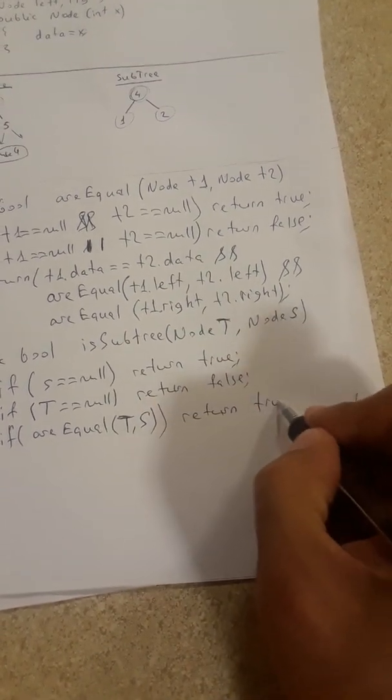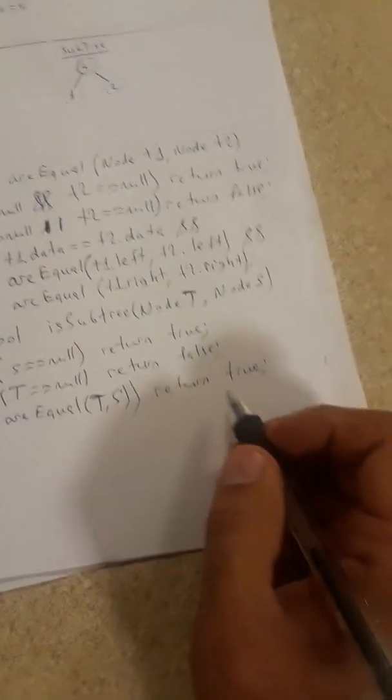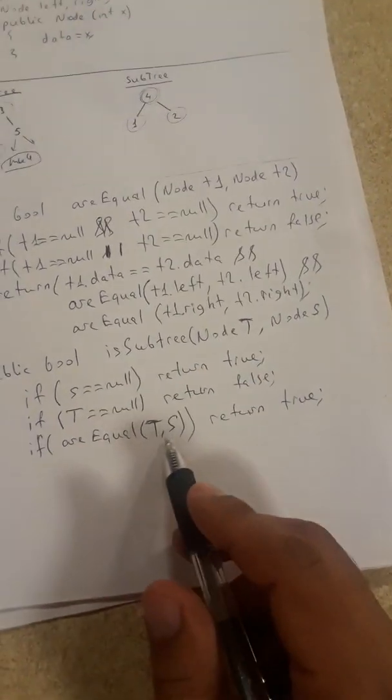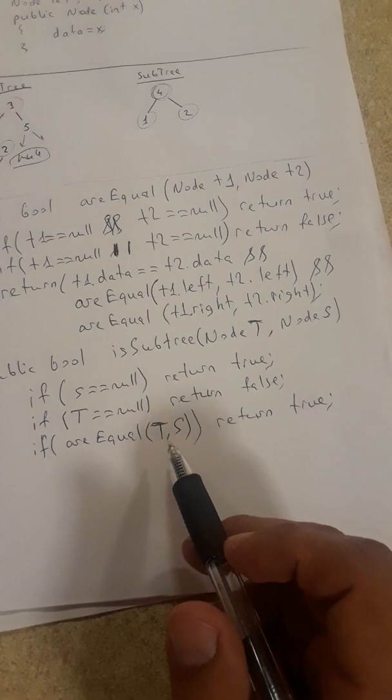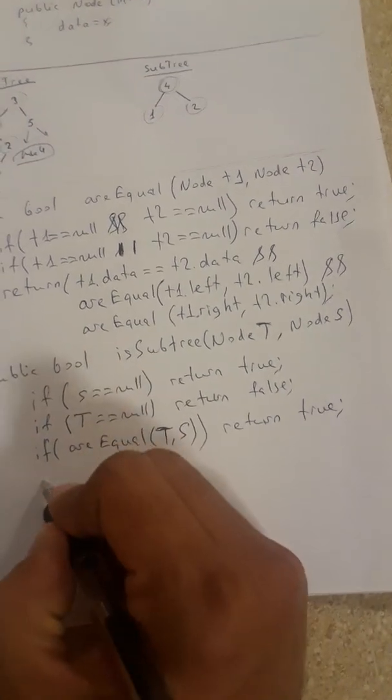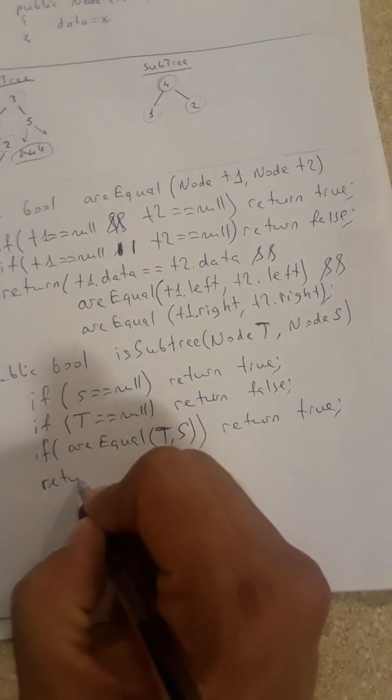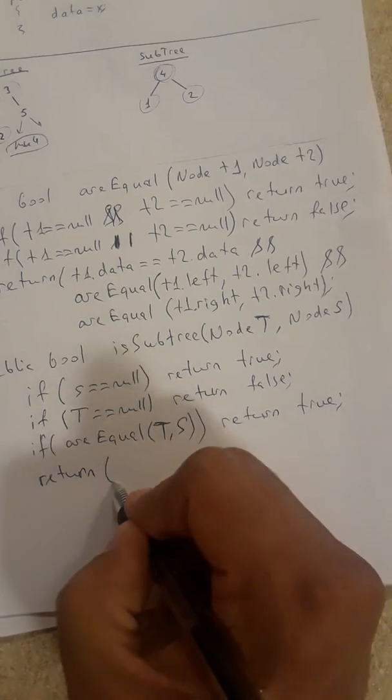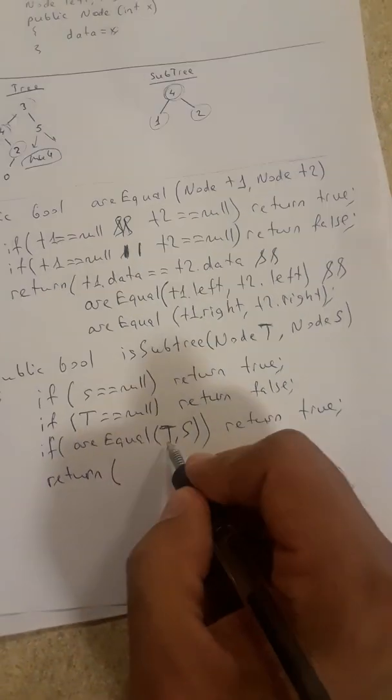At this point I will just return true. But if we are not able to find equality, we'll just move to another node of our main tree.